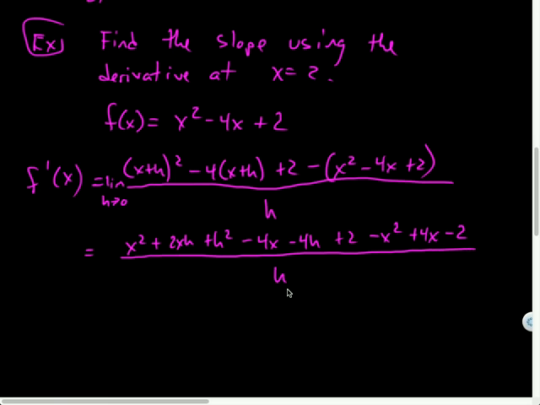Negative x squared cancels x squared, negative 4x cancels 4x, and so on. What am I left with? I'm left with h squared plus 2xh, writing it in terms of h now, minus 4h, all over h.